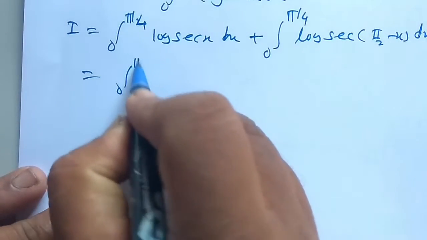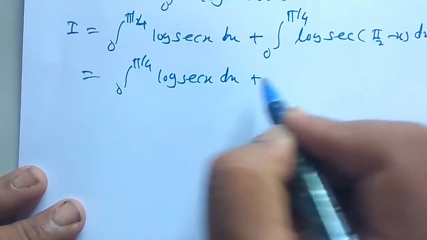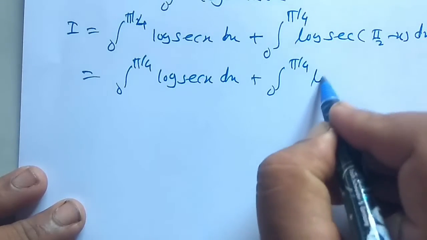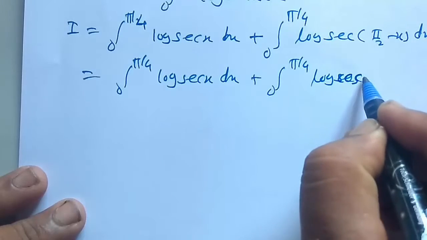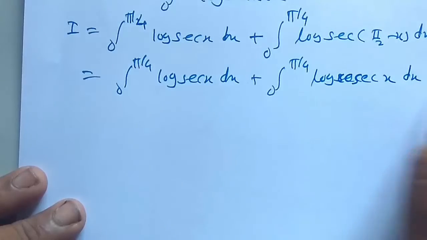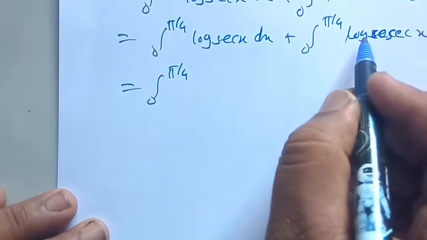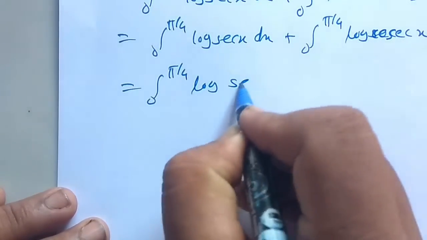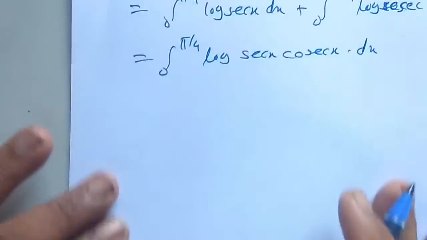So it is integral 0 to pi by 4 log of sec x dx plus integral 0 to pi by 4 log of cosec x dx. So this is equal to integral 0 to pi by 4 of log m plus log n, which is log of m into n. So it is log of sec x into cosec x dx.